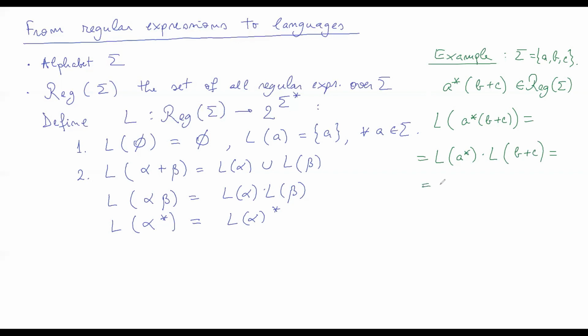And this, by definition, is the language of A iterated on itself, concatenated with the language of B plus C, which is the language of B union the language of C. And the language of A is simply the language consisting of just the letter A, and I have iteration on that.